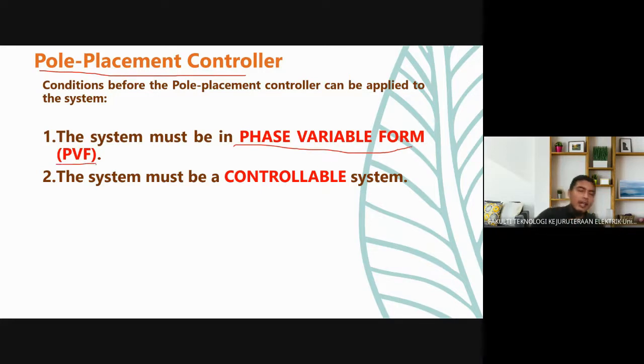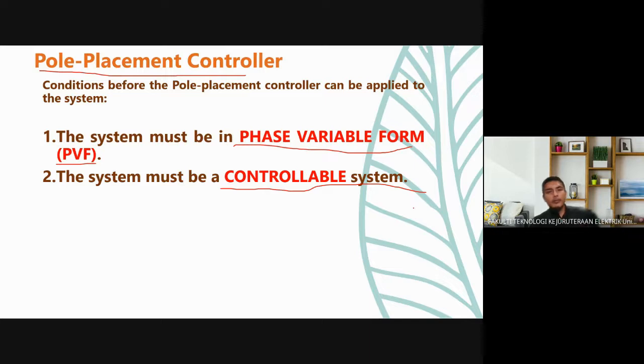And the second condition, the system must be a controllable system. If the system is uncontrollable, or not controllable, it means you cannot apply the pole placement. You can take the system and throw it in the trash bin. So you can only apply the pole placement to a controllable system.